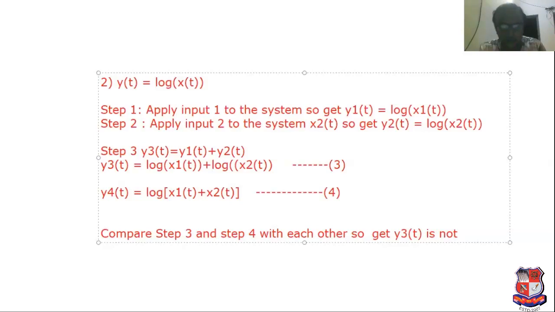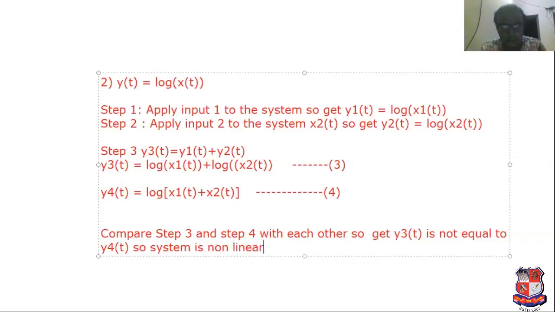So the system is non-linear. So it is the second example based on the system, whether it is linear or not. We can mention each and every step. First example also non-linear.